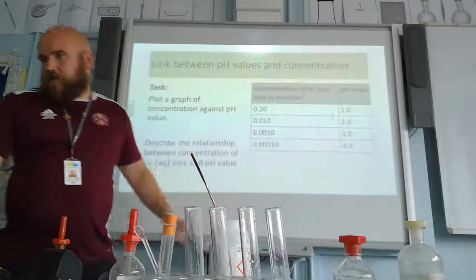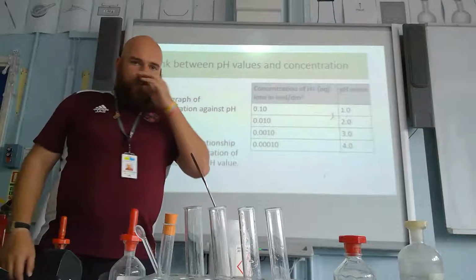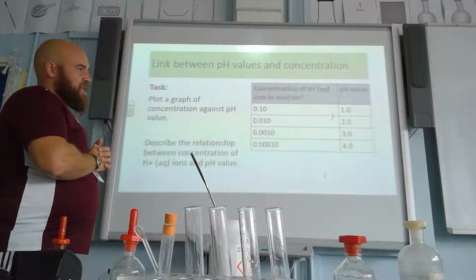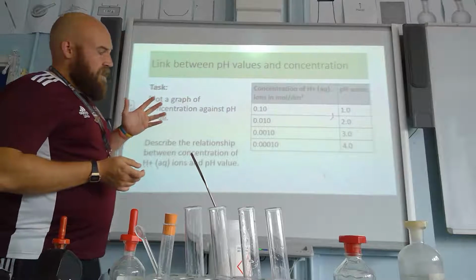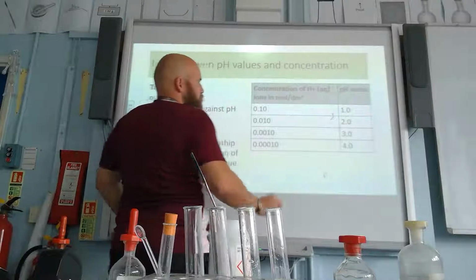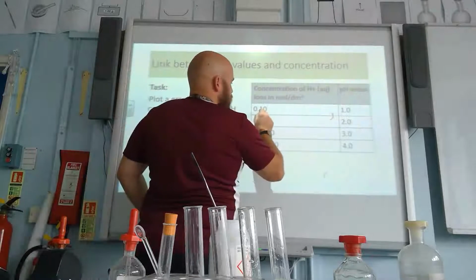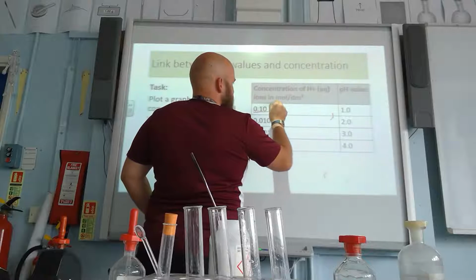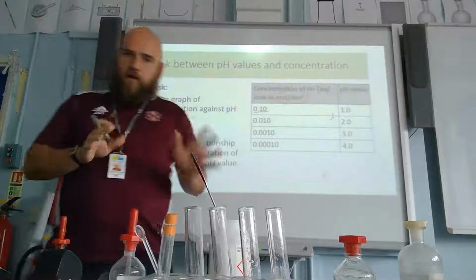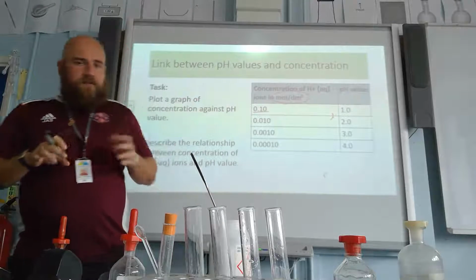So what is the relationship then between concentration of H plus and pH? Well, there's a table here, and I'm going to expand on it in a minute. So if the concentration of H plus is 0.10, and the units are moles per decimeter cubed. Now, you've not come across the concept of a mole before. A mole is not a small furry animal.